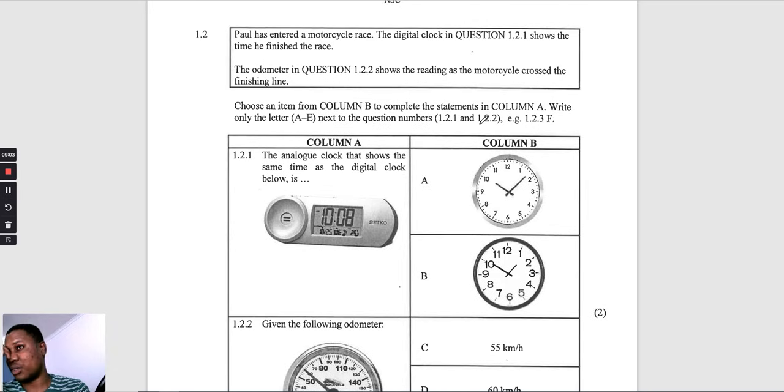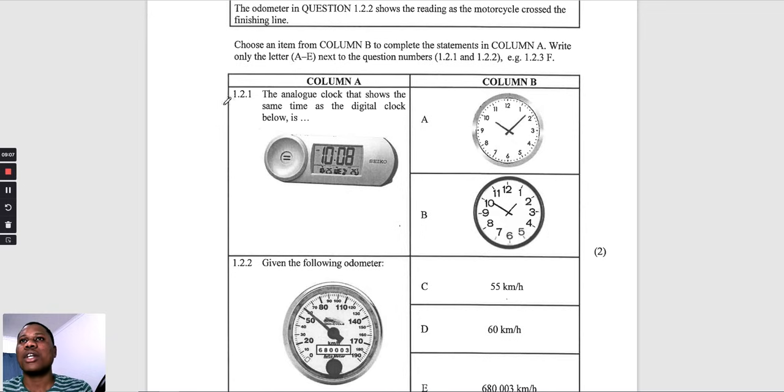1.2.1 and 1.2.2. Okay. So 1.2.1, they say the analog clock that shows the same time as the digital clock below is, so when we check here, this is 8 past 10. Okay, so we know that in the analog clock, we have to look at the arrows.